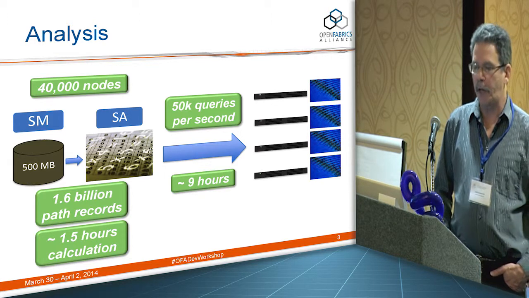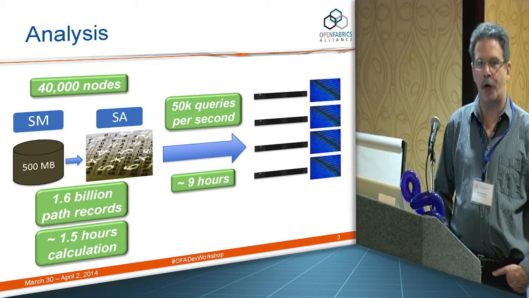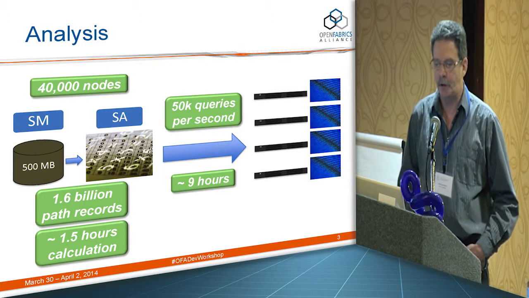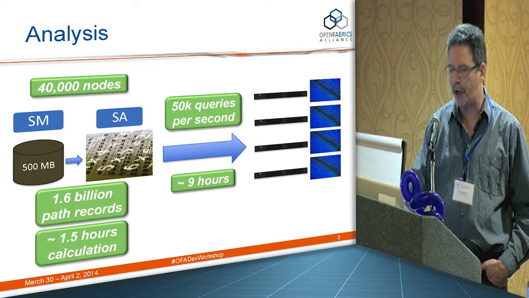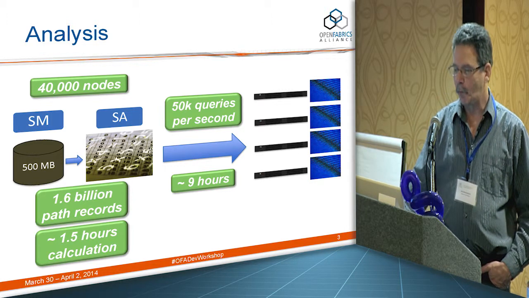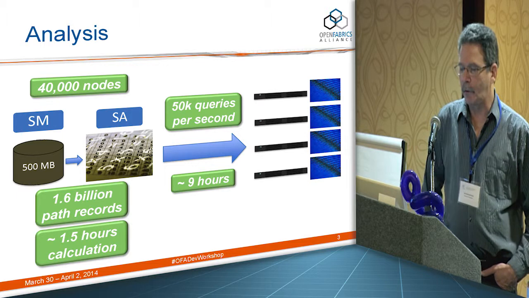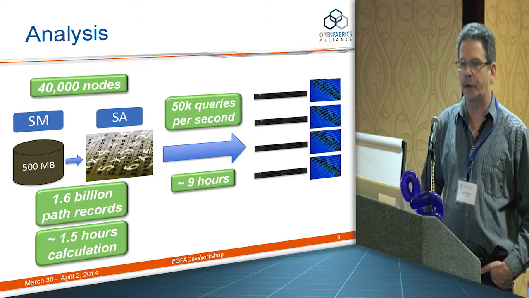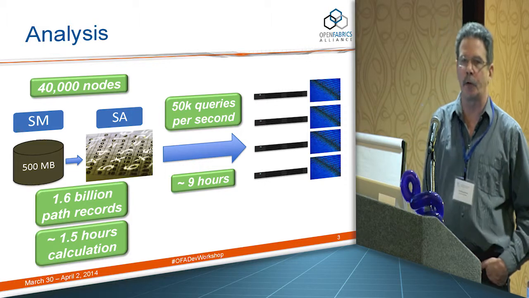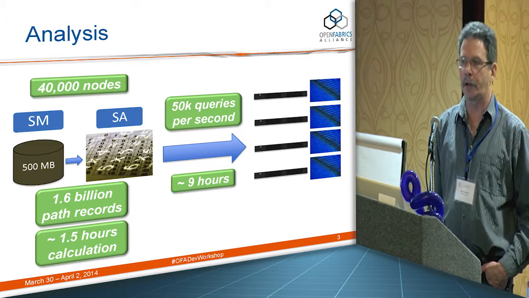For the SA to calculate the path records from the SMDB, we've done some analysis. It would take about an hour and a half. At a communication rate of 50,000 queries a second, it would take 9 hours to get them out to all the nodes one at a time.